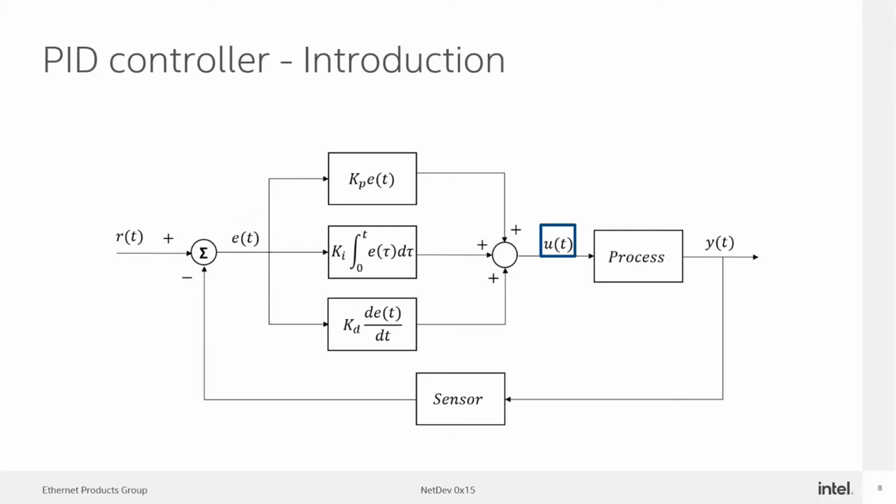There is also a signal coming out of the PID controller, U of t, called the steering signal. This is the one that directly interacts with the process. In the AC example, the steering signal can be described by the voltage. So here we see that we need to know Kp, Ki, and Kd to change the E of t into the U of t.